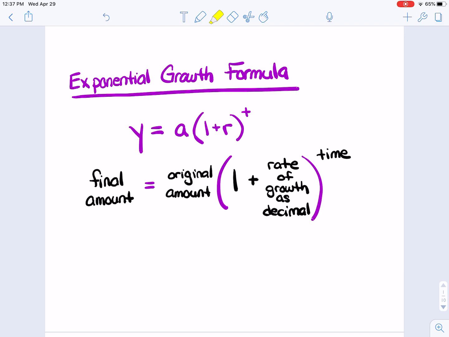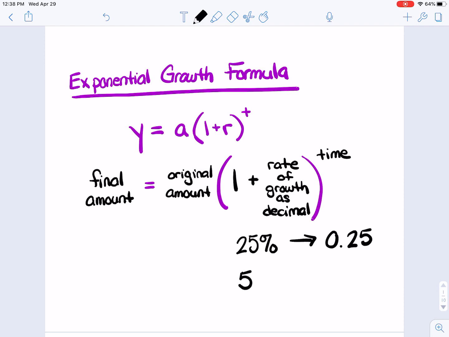In the parentheses, you have 1 plus the rate of growth as a decimal. They're going to give you, like, a 5% increase or a 25% increase. You have to transform those percentages into decimals. So for example, if there's a 25% increase, you transform 25% into a decimal, and that would be 0.25.